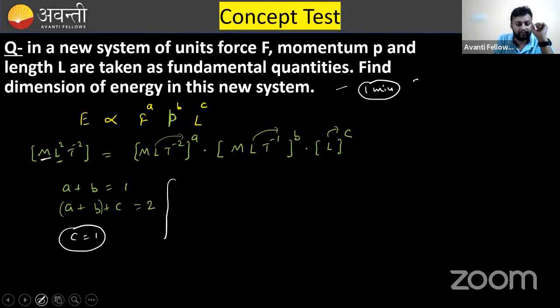Now compare the dimension of T. If you compare for T, minus 2A minus B, only these two are there, is equal to minus 2. Clear? So minus minus can be cancelled out. 2A plus B is equal to 2 and A plus B is equal to 1.